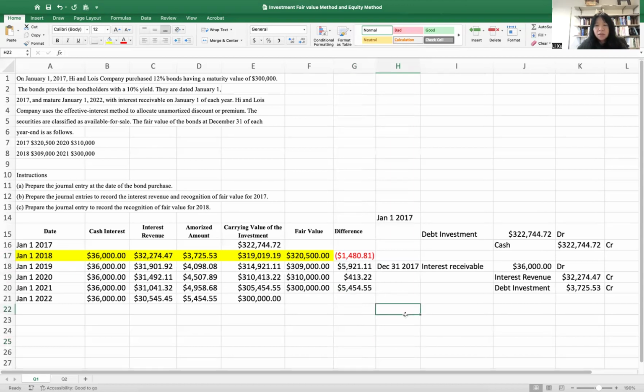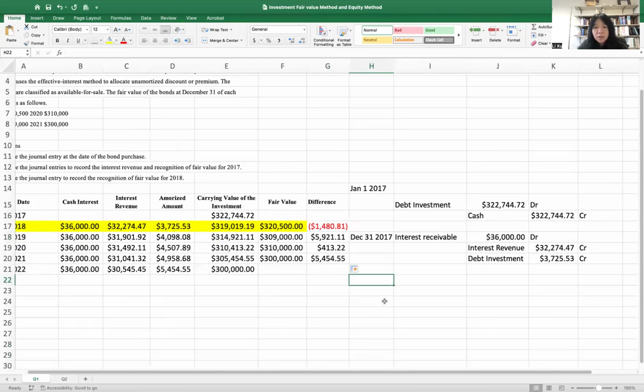And now, based on this, we can make a journal entry, right? So the first journal entry we're going to make again on December 31st, 2017. If we're gonna go from carrying amount to fair market value, we have to actually increase our debt investment. So to increase, we have to actually debit the amount to the fair value adjustment account, okay?